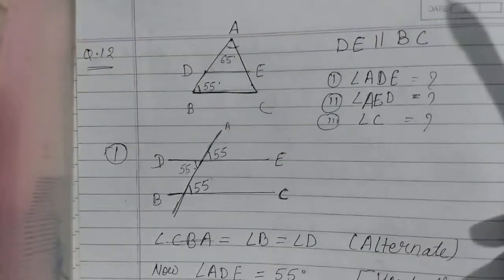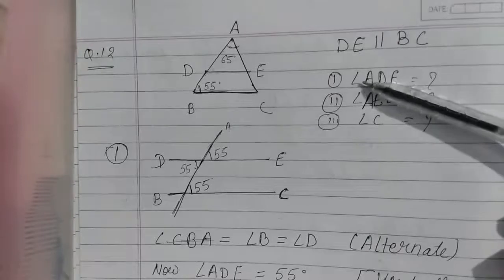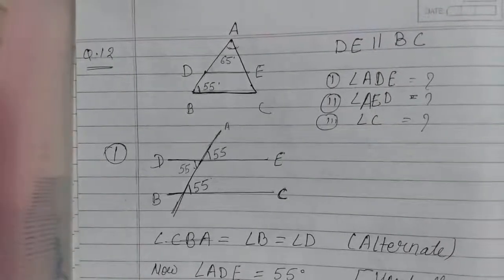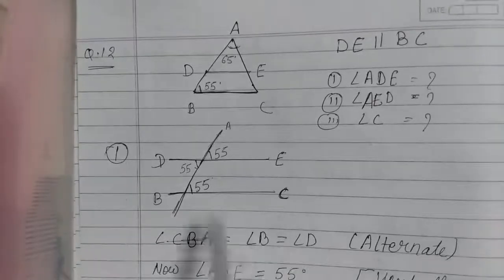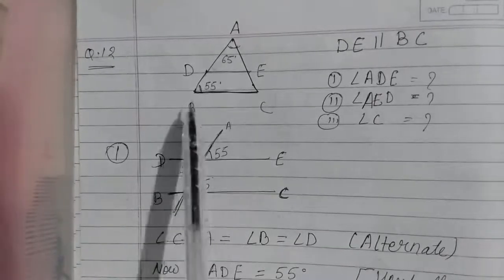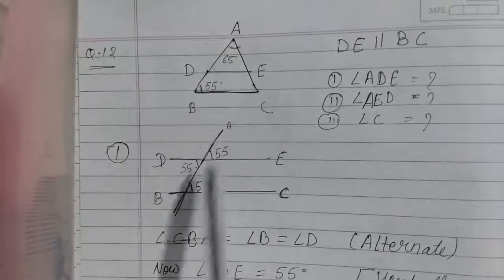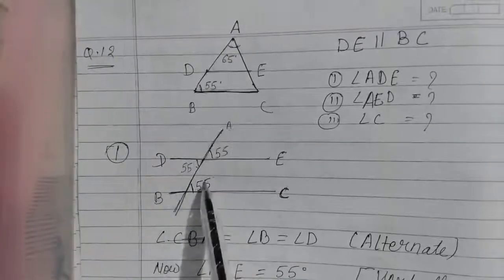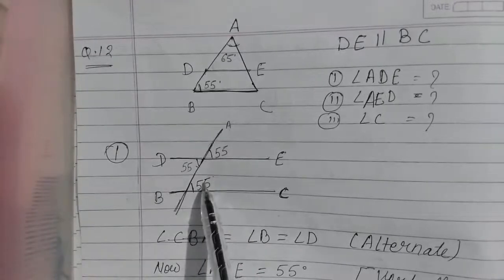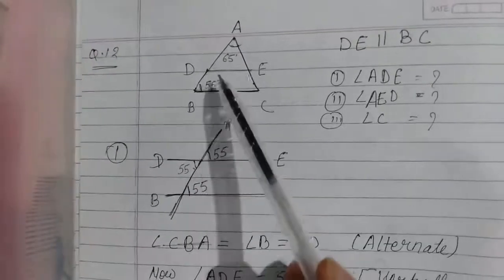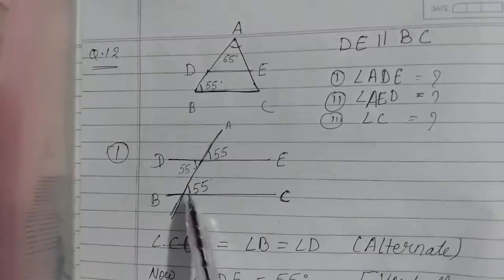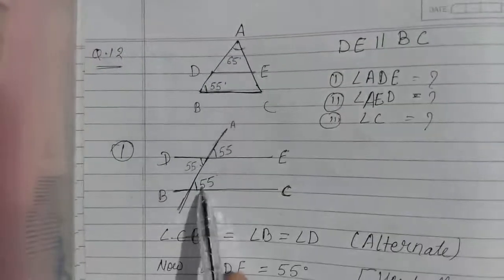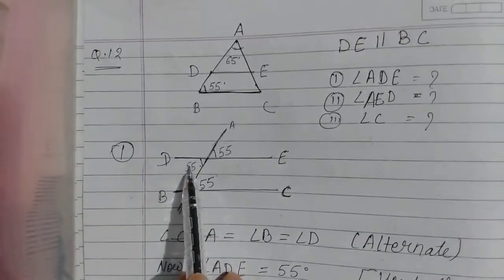So how can we find it? For the first question, I am drawing lines DE and BC again, separately. This is DE and this is BC. And this 55 is this 55. Now see, you have to compare this and this. This is 55 degrees and after that this also will be 55 degrees.